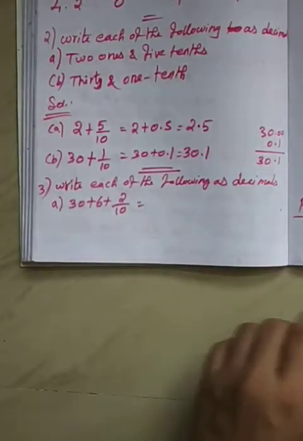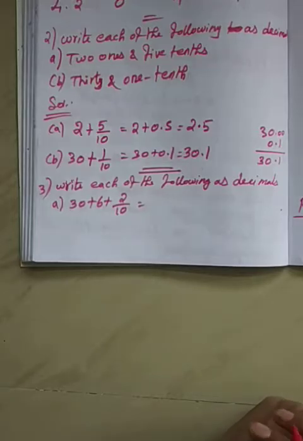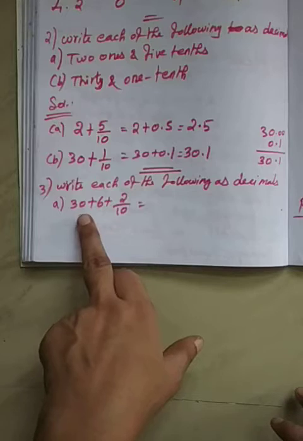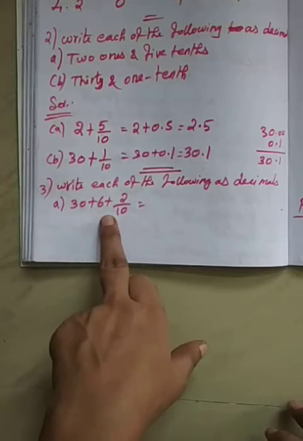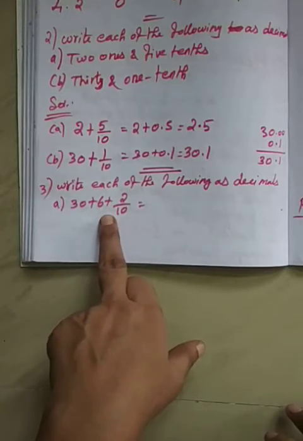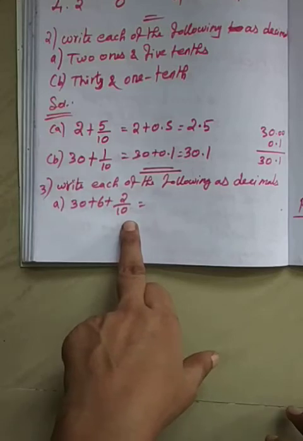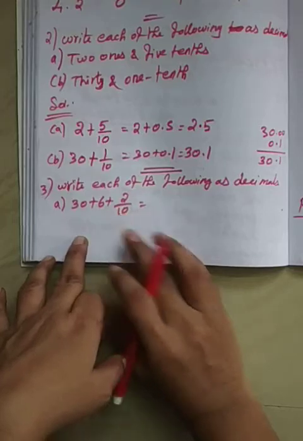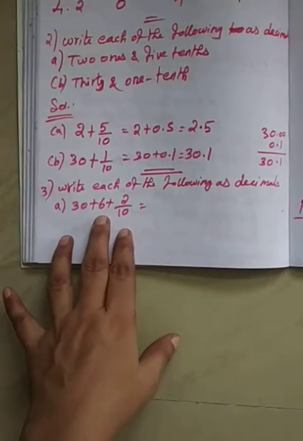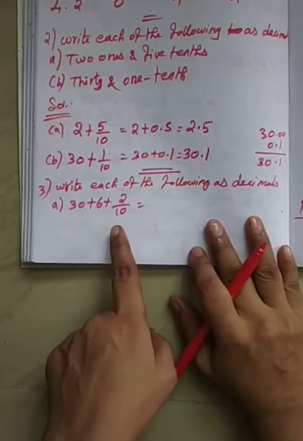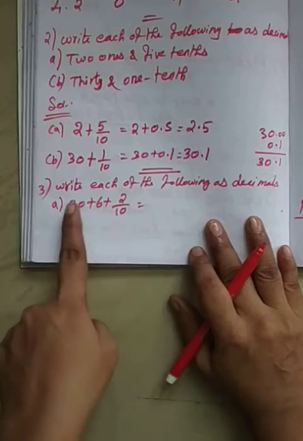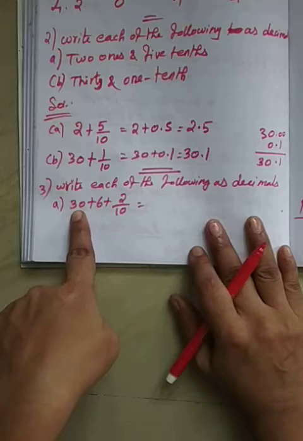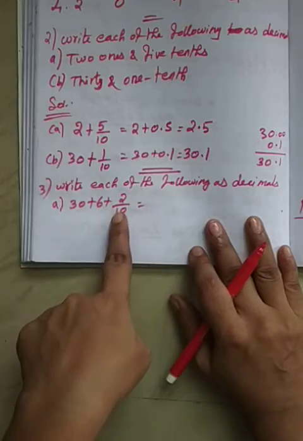How many tens, ones and tenths are there in this number? We have 3 tens, 6 ones and 2 tenths. Everybody clear? 3 tens, 6 ones, 2 tenths.